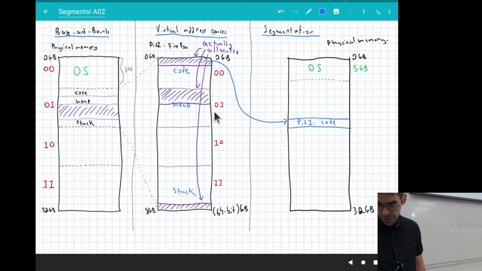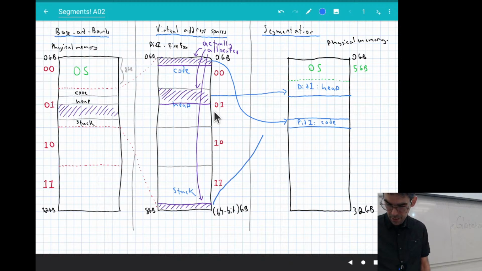And I'm going to just stick this into physical memory somewhere where there happens to be 2 spaces free. And finally, I'm going to take my stack and stick it into physical memory somewhere where there's enough space for this one part of my virtual address space that I happen to currently be using.